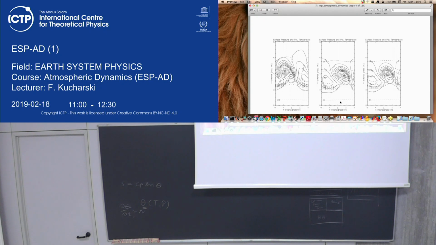And what is happening within a few days in this model, spontaneously, is that we get these huge cyclones and anticyclones developing because of this baroclinic instability mechanism that we will discuss later on. They develop spontaneously.